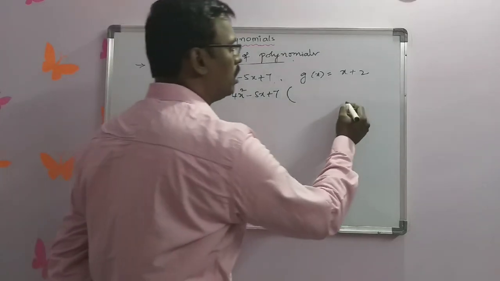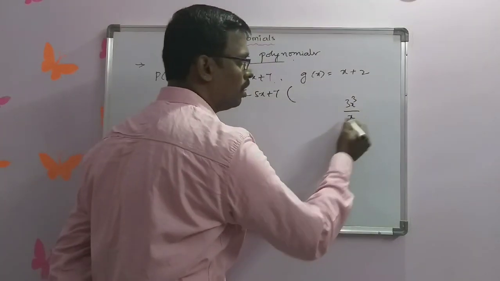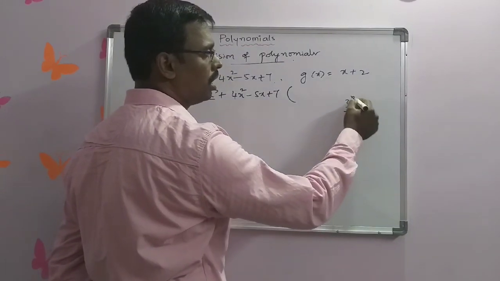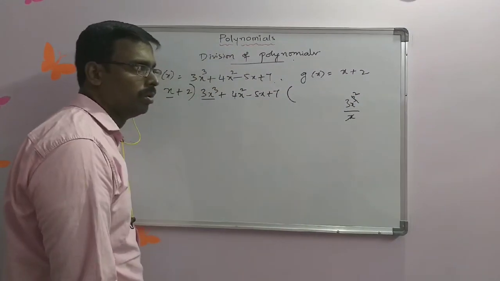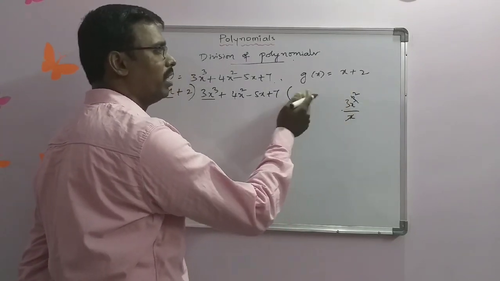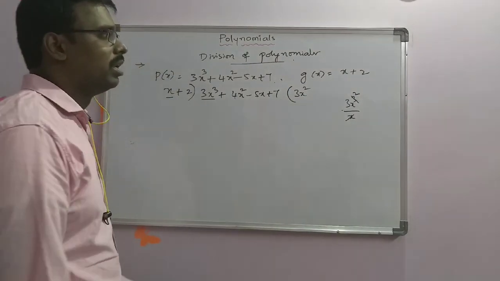That is 3x cube by x. X cube is there, and here we have one x, so if I remove this, 2 x's remain. That is 3x square.